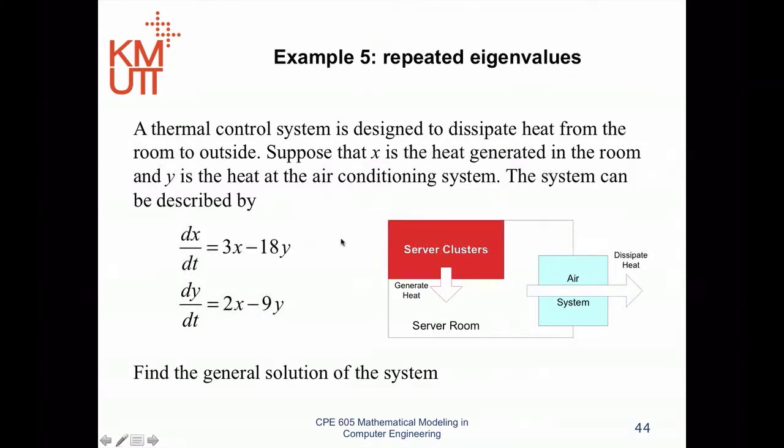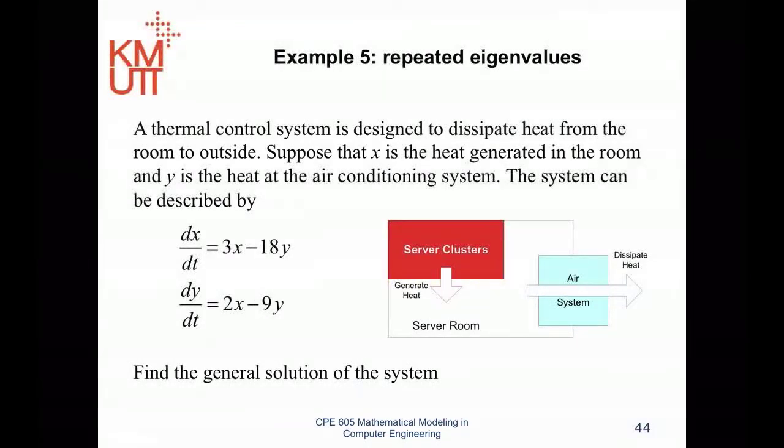We can describe this system as this linear system. That is dx/dt equals 3x, the heat generated by the server cluster, minus 18y, the dissipation of the heat, and dy/dt equals 2x, the influence from x, minus 9y, the dissipation of the heat of y.